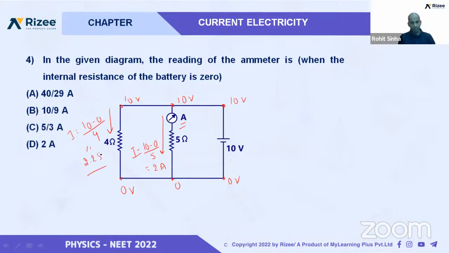Now if it is asked to find the total current flowing from here, we will say 2 plus 2.25, and the answer will be 4.25. But in this question the answer was 2 ampere. So we can get this for the total current, this for the branch current, and this for the given ammeter reading.